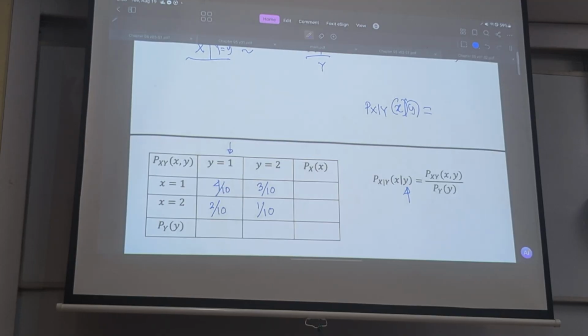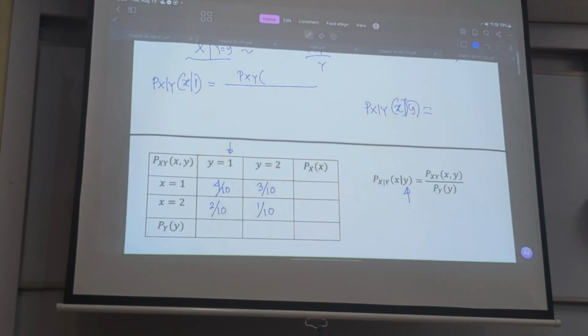Then we will have the conditional PMF of x given y for the value x given y equal to 1. Right? And this one will be the joint PMF of x y divided by the marginal PMF of y.